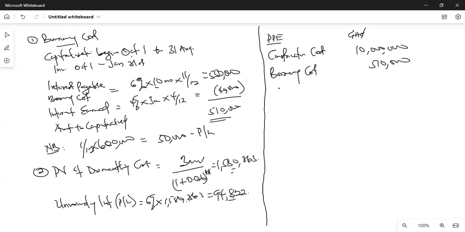Then we have PV of dismantling cost, which is what we have here, 1,580,363. Putting this together, we will now have 12,090,363. So that is the PV.